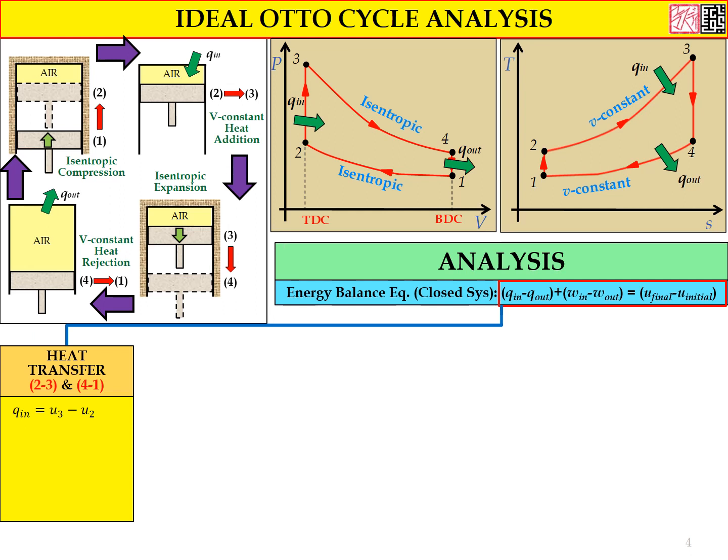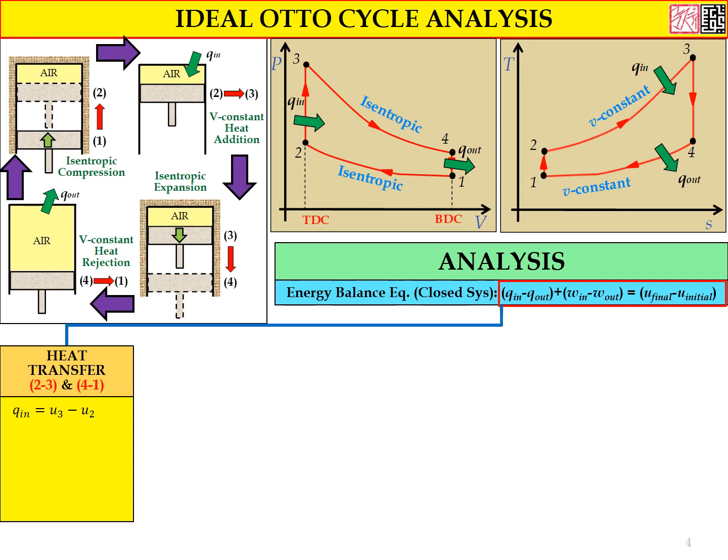We implement the energy balance equation for the specific schematic diagram. For Q in, we refer to the schematic diagram for the second process, V constant heat addition, because this process involves Q in. When we implement the energy balance equation, we can see that during the process the piston doesn't move, so no W in or W out is involved, and also no Q out is involved.